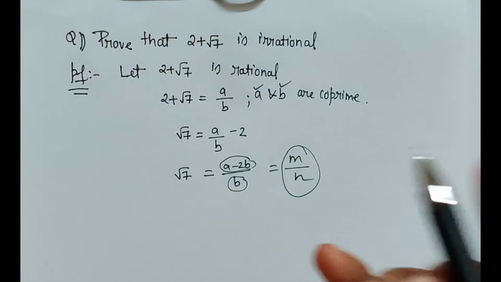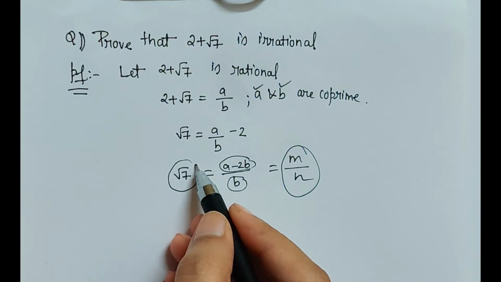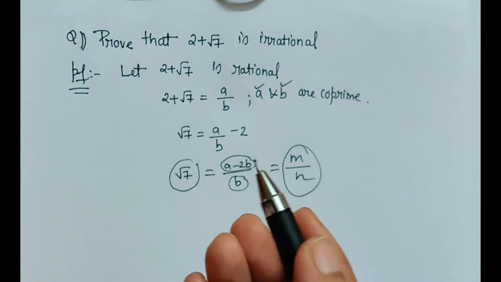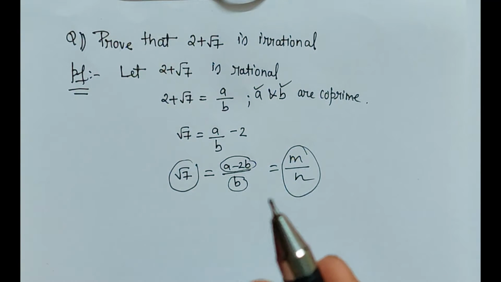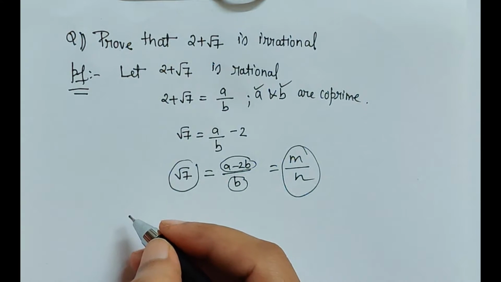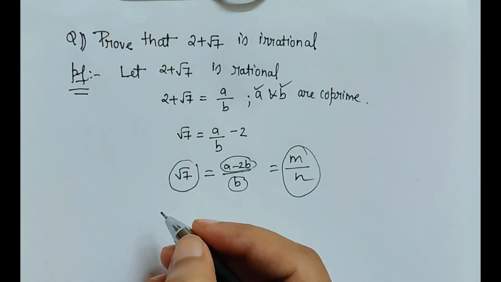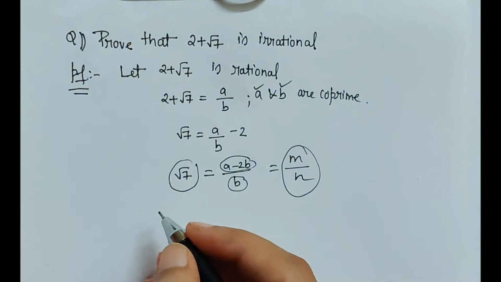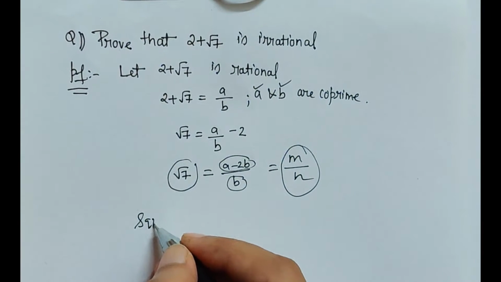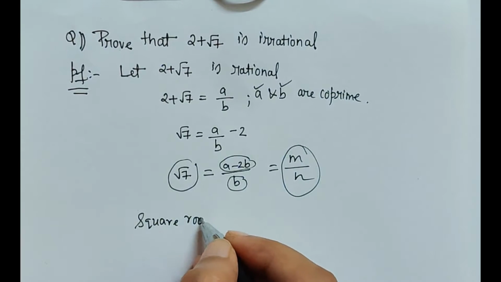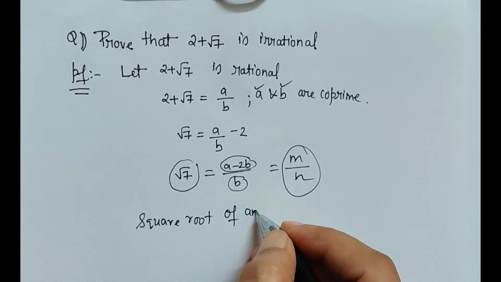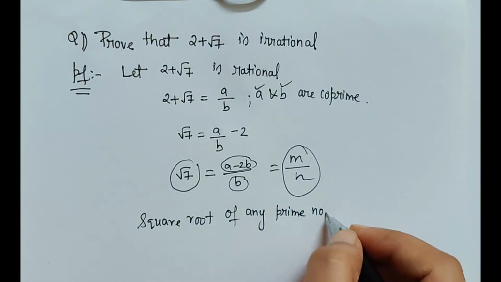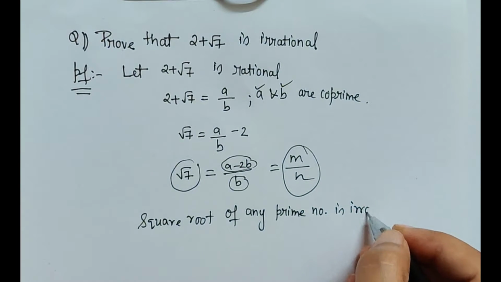But here, on the left hand side, we see root 7. What is 7? 7 is a prime number, and what we have is the square root of a prime number. As per the property given in class 9, which we have already studied, the square root of any prime number is irrational.